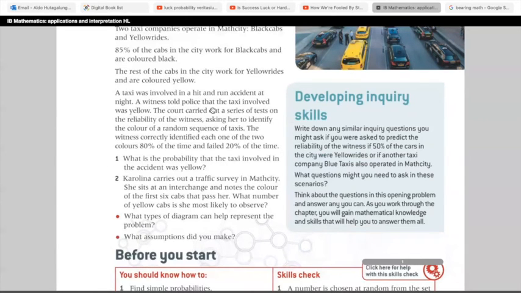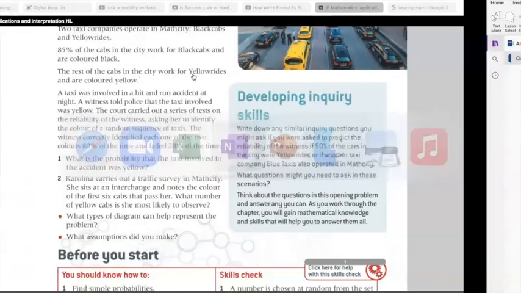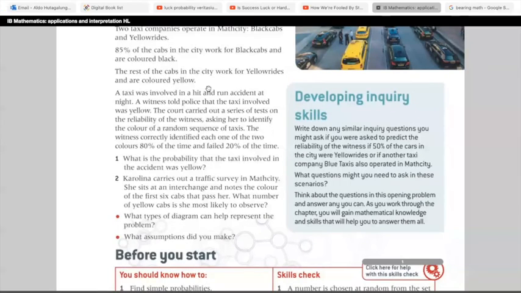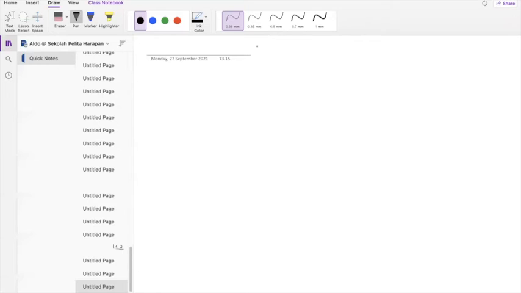So we start with the two pieces of information given. The first is that 85% of the cabs in the city work for black cabs and are colored black. The rest of the cabs work for yellow rides and are colored yellow. In other words, it's obvious that the percentage for seeing yellow cabs in Math City is 100% minus 85%, which is 15%.